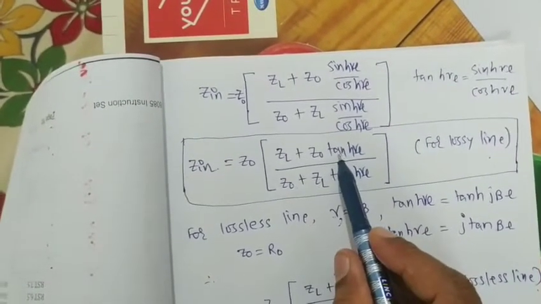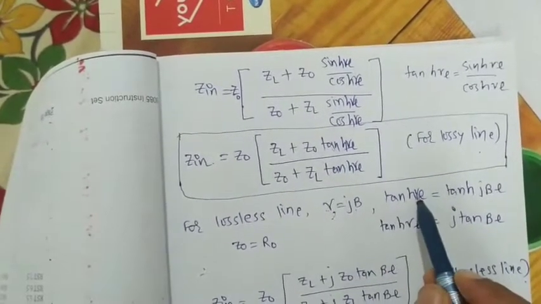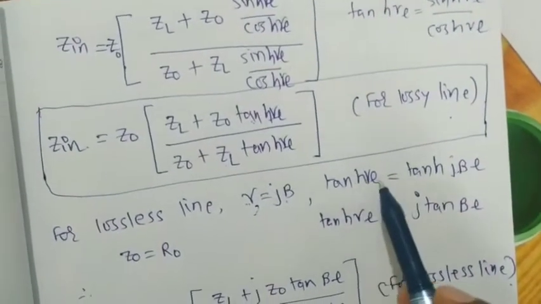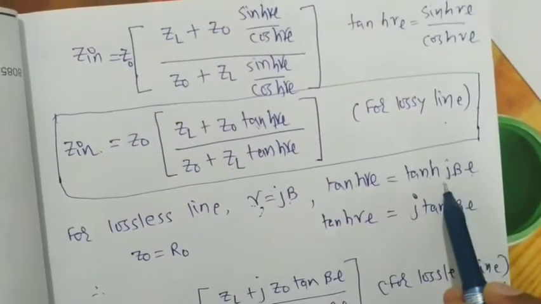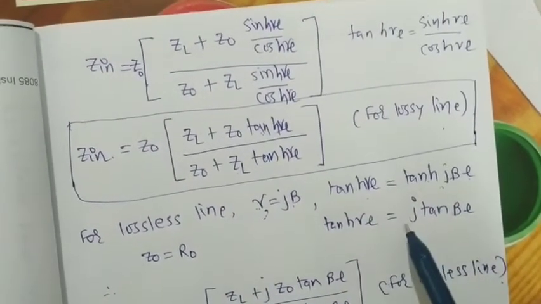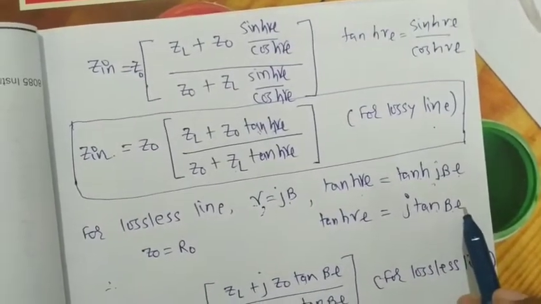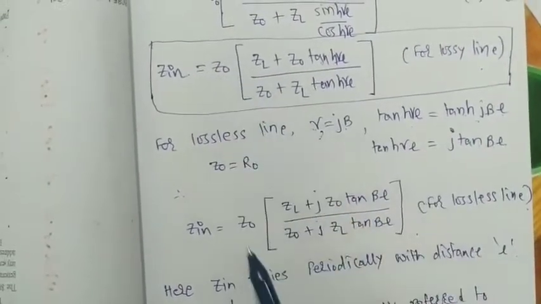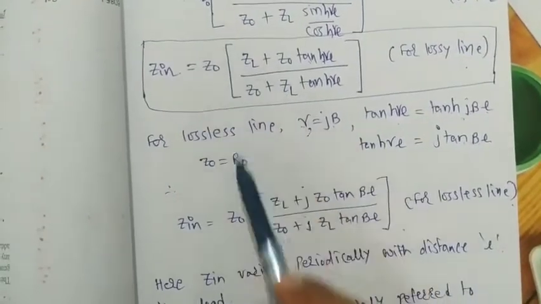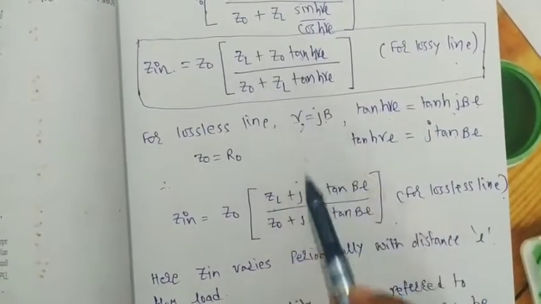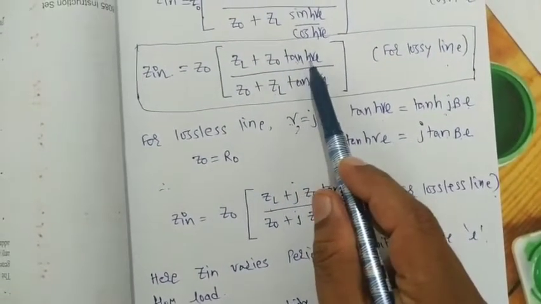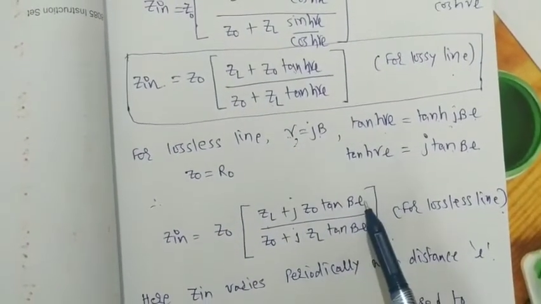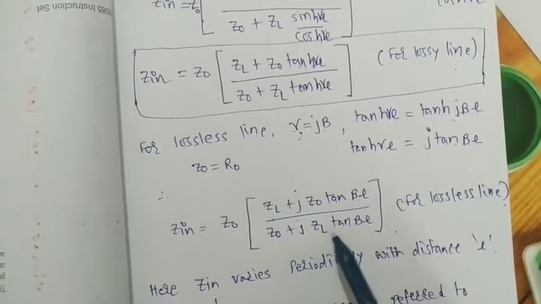So if you put here tanh gamma L, where gamma is j beta, then tanh gamma L becomes tanh j beta L, and this is nothing but j tan beta L, so the hyperbolic will be removed. So finally we get the equation for a lossless line: Z0 [ZL plus j Z0 tan beta L] divided by [Z0 plus j ZL tan beta L].